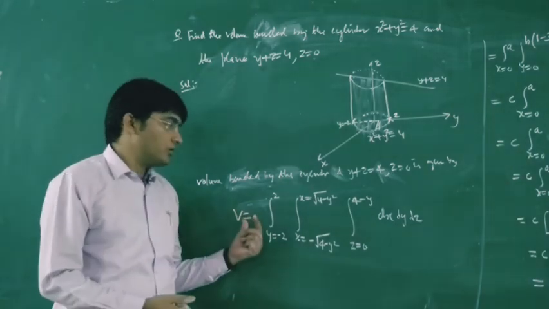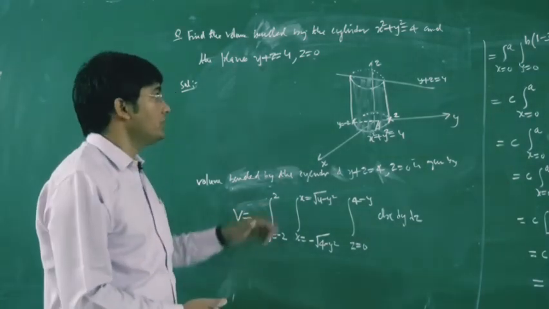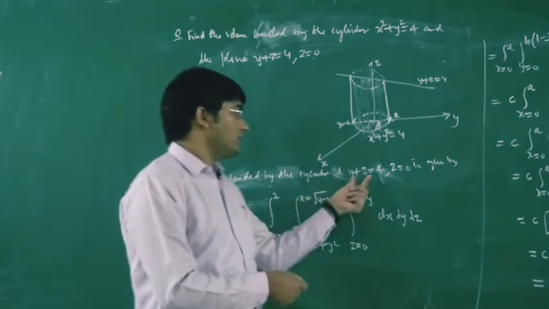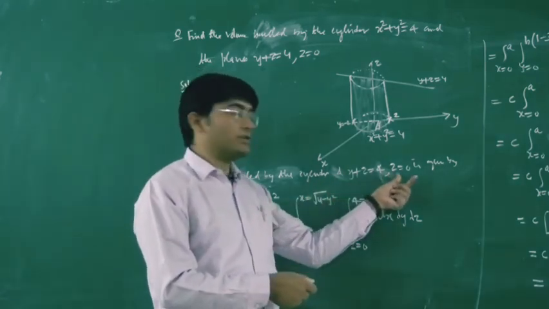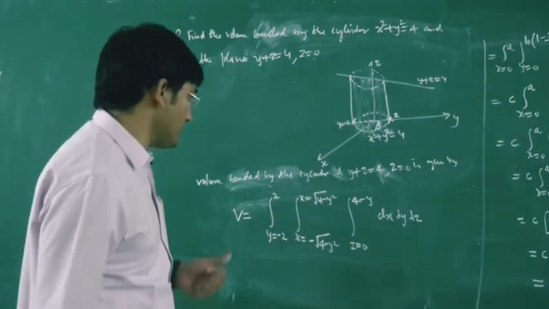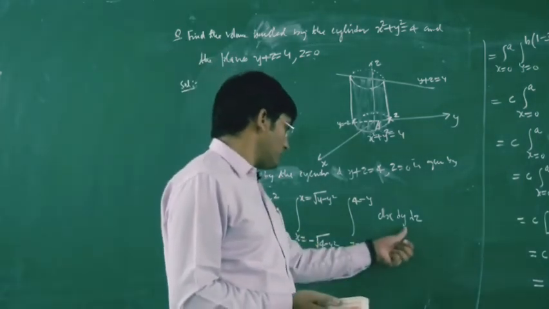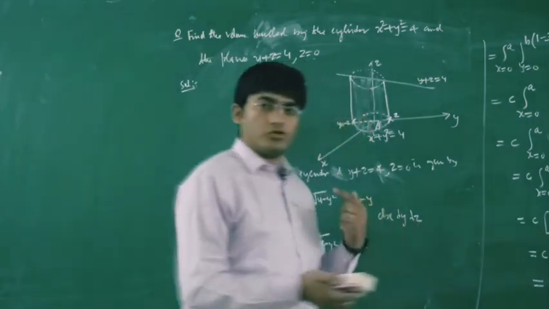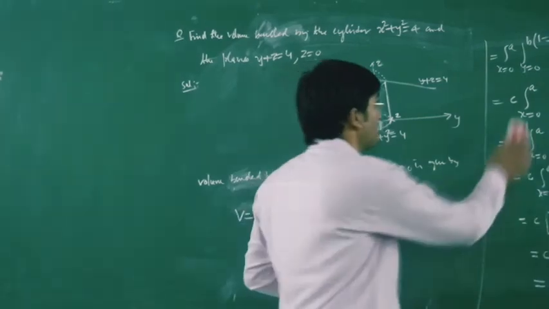So this is the volume of the solid bounded by this cylinder, and y plus z equal to 4 and z equal to 0. Now let us evaluate this triple integral. First we will integrate with respect to z. The integration of dz will be z, so this will be 4 minus y.